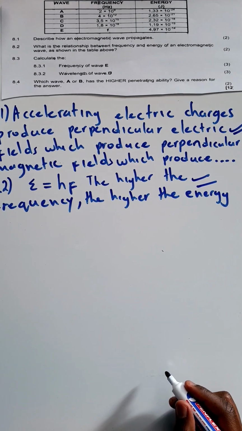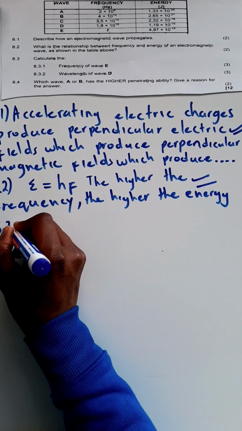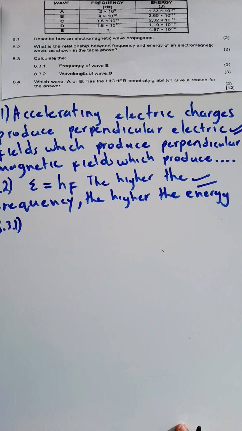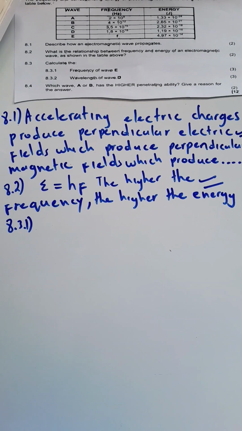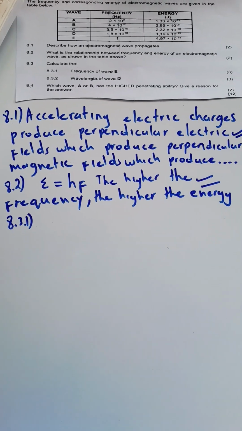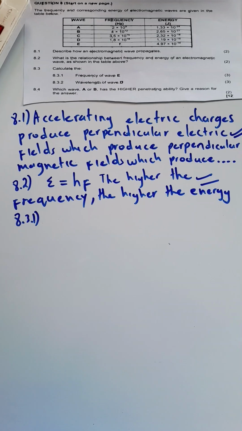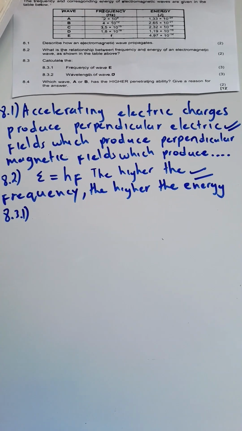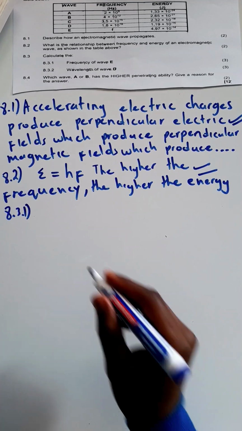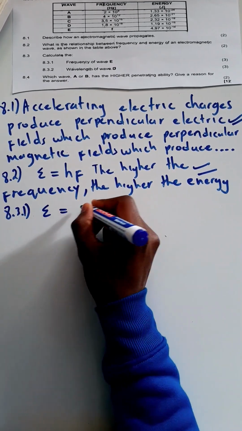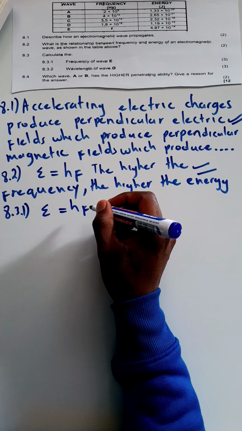All right. So 8.3.1 says calculate the frequency of wave E. For wave E, we have energy, so we're supposed to calculate frequency from energy. The formula is energy is equal to Planck's constant multiplied by frequency.